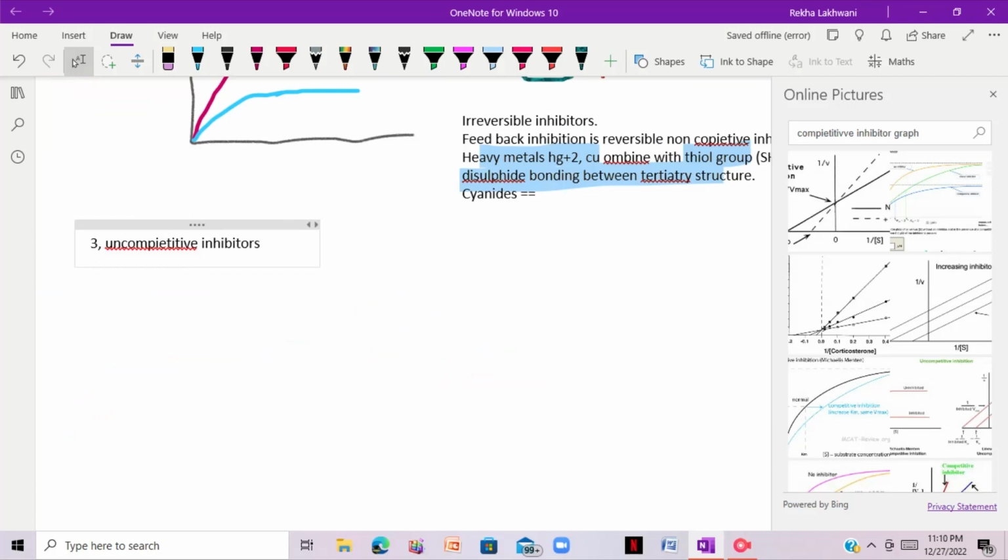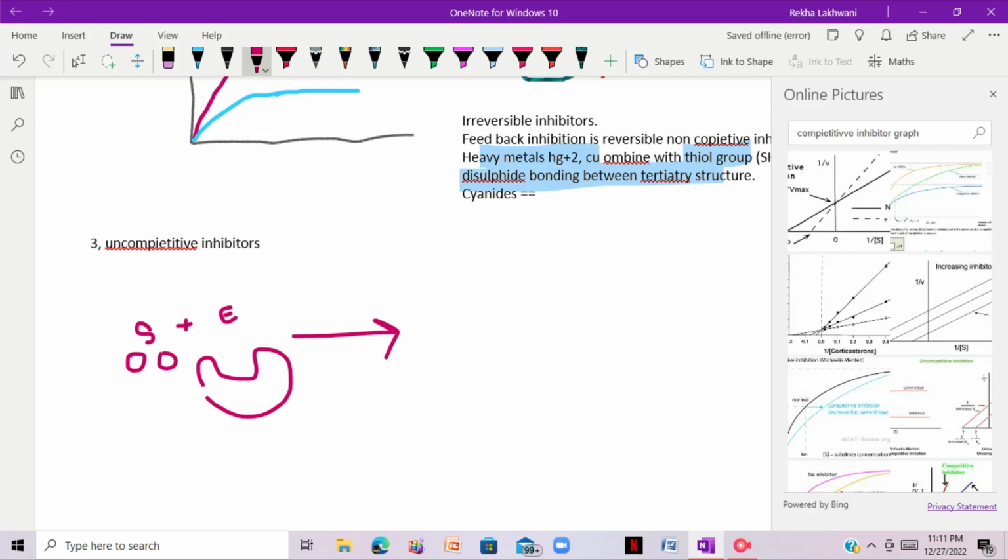When they both combine together, they form the enzyme substrate complex. Between this enzyme substrate complex, the inhibitor comes in, right? So this type of inhibition is known as uncompetitive inhibition.